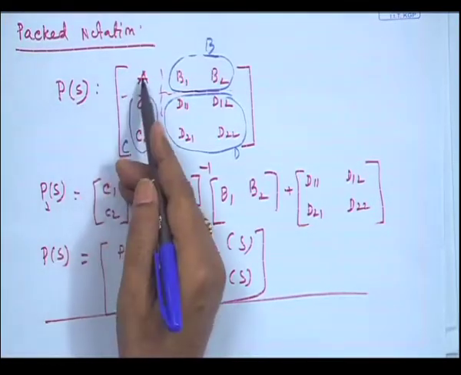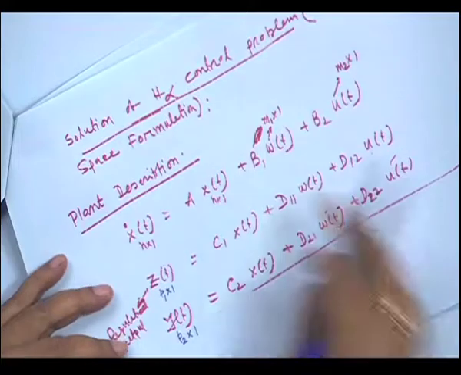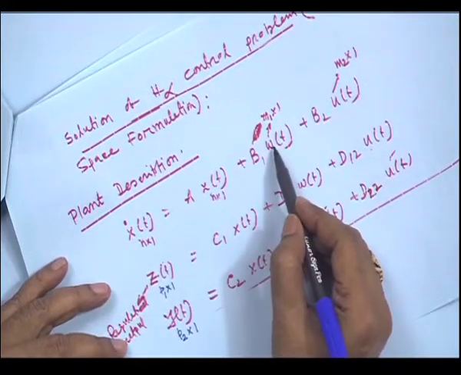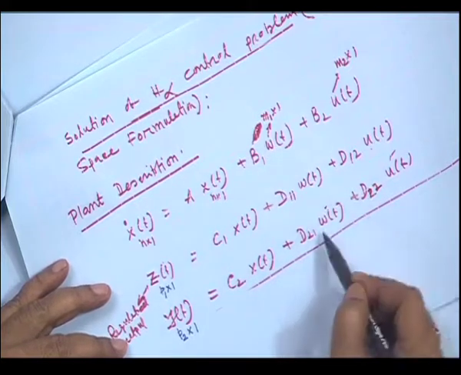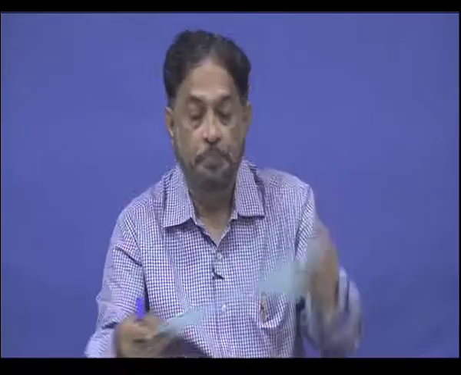Our A is this one. As I told you, there are two inputs: one is the control input and another is the exogenous input in all equations. If you want to find the transfer function of this, we can write it in compact form.